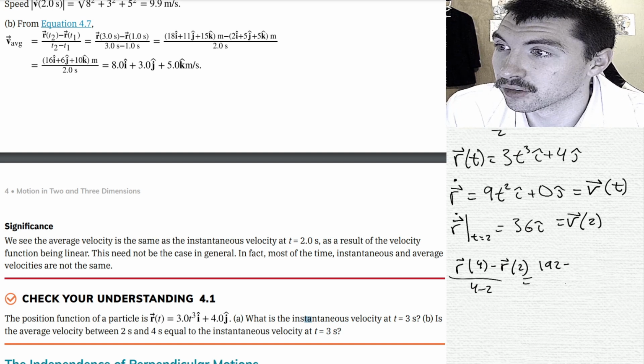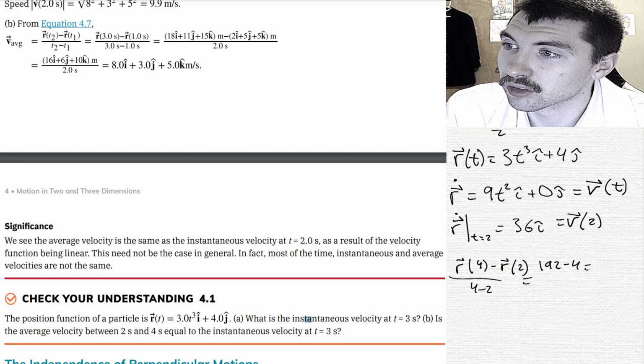So minus 4, that's going to be 188 over 2, so that's going to be 94.